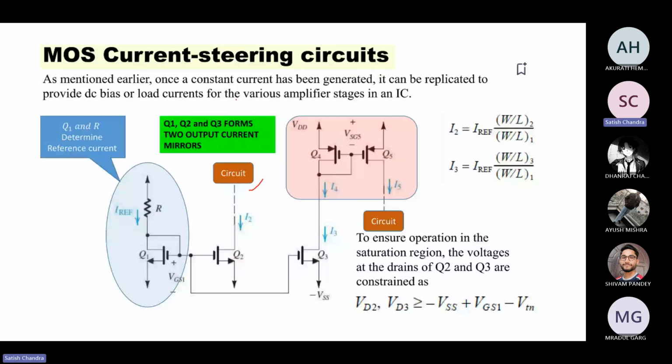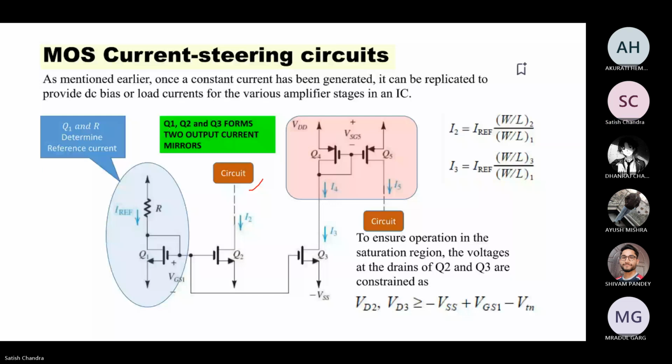Okay, let's say Q1 and R determine the reference current, and Q1, Q2, and Q3 form the two output current mirrors basically. So Q1, Q2, Q3 form the current mirror.